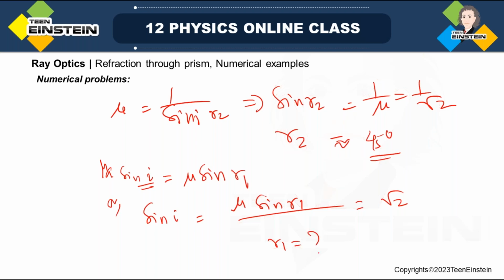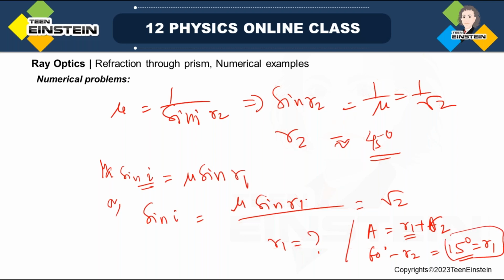So A is equal to R1 plus R2 at minimum angle of deviation. So R1 will be 60 degrees minus R2. R2 is 45 degrees, so R1 is actually 15 degrees. So sine 15 will come here. This will be root 2 into sine 15.